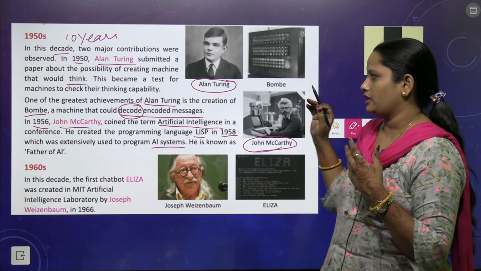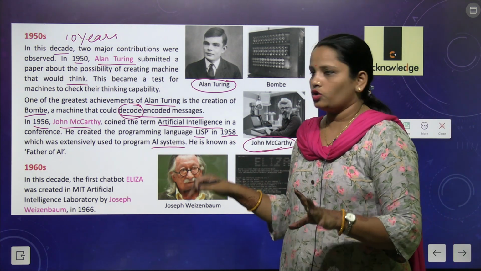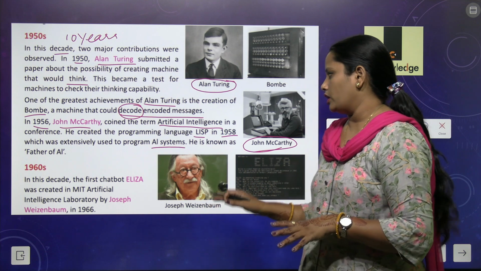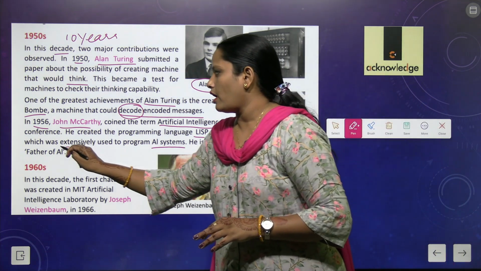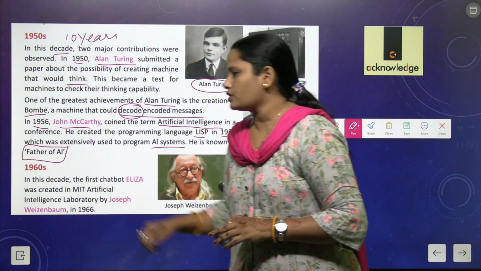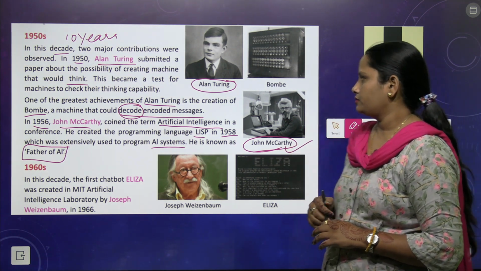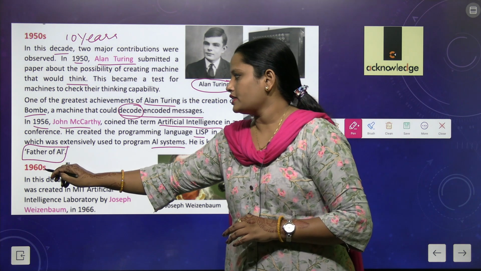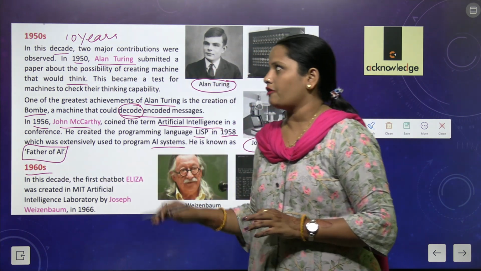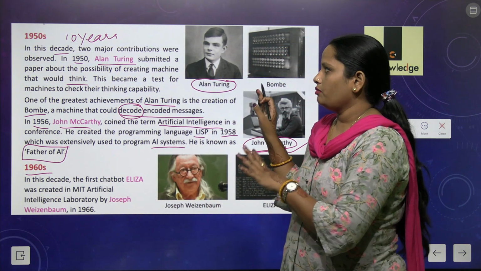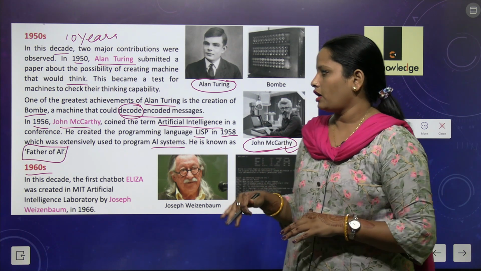So he created a programming language through which AI systems can work. He is also known as the father of AI. So he is the father of AI? Yes, John McCarthy.